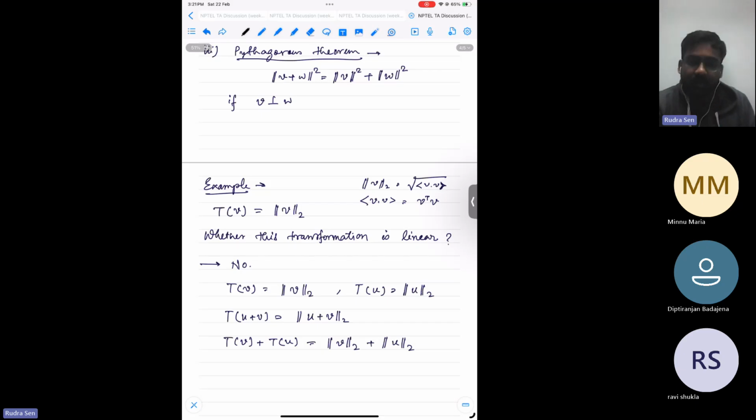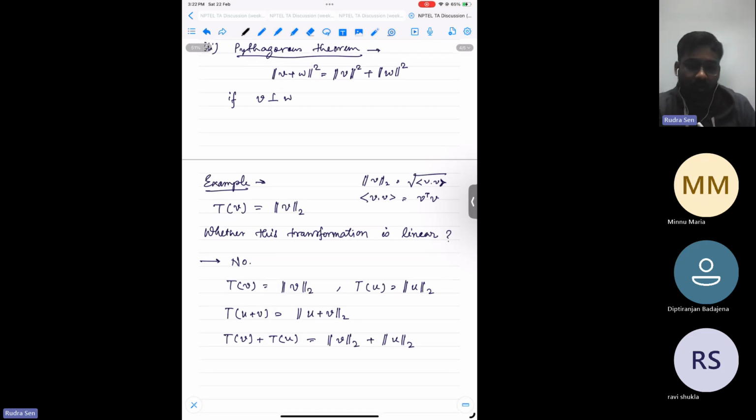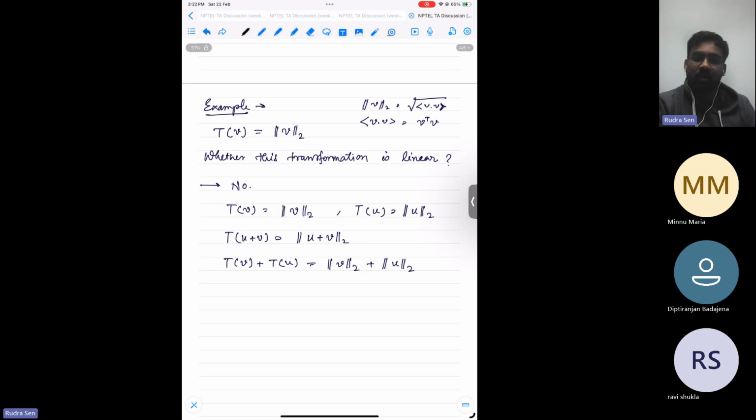I haven't mentioned any specific property of U and V. I'm just saying V is a vector from the vector space V, and U is a vector from the vector space U, and T is some transformation, which is this norm transformation. And I'm asking whether this transformation is linear or not. So TV plus TU is norm of V plus norm of U.